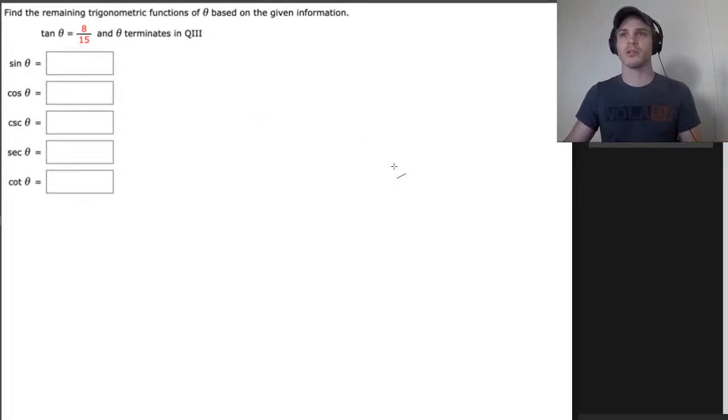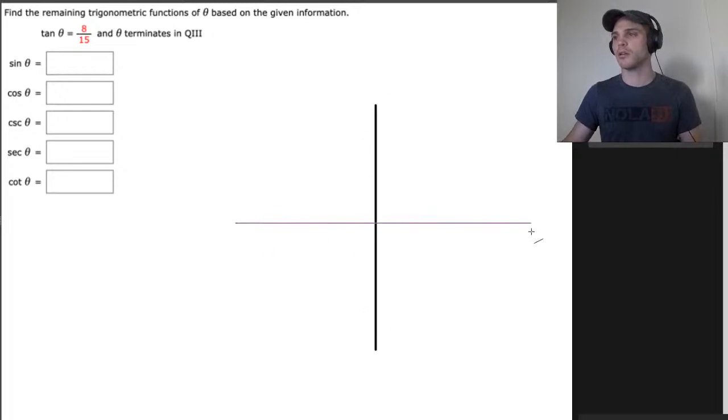We're going to make a coordinate plane here. And then we know that this is in quadrant 3. And this is y over x. So y is less than x, so it's going to be something like that. All right, there it is.